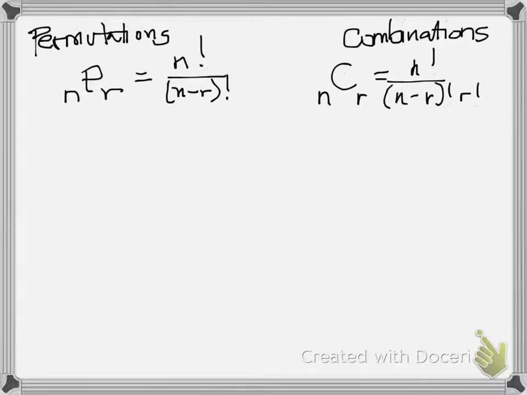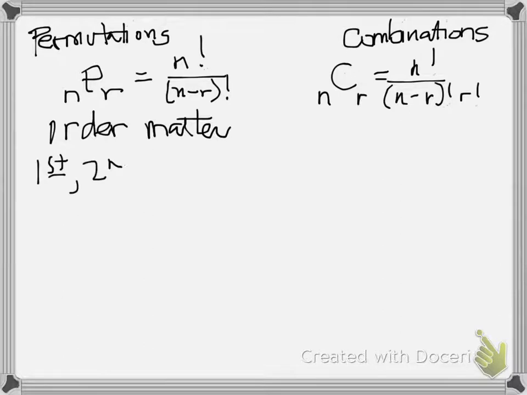Okay, so those are my two formulas. When we are talking about permutations, the order of the things matters. What do I mean by that? Let's say that you were giving out some prizes, and you had first place, second place, third place. The order matters, okay?